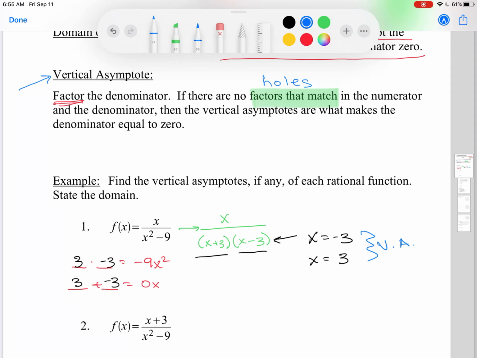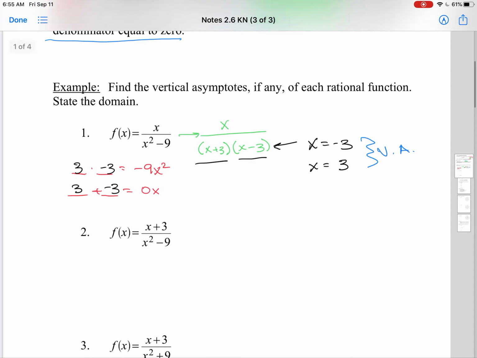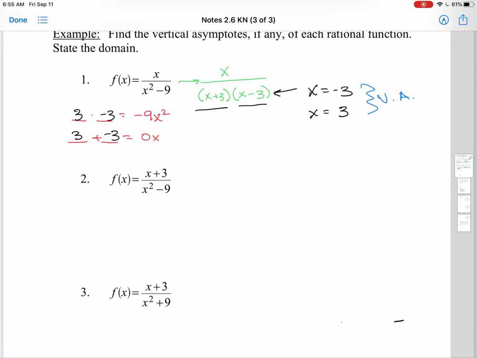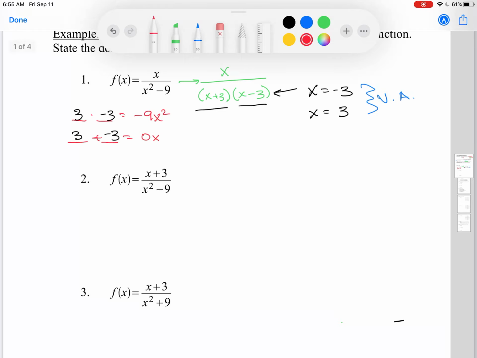So in this case, x plus 3 and x minus 3 are my vertical asymptotes that make the denominator equal to 0. All right. Making sure that on your vertical asymptotes, you're always writing x equals this, x equals that. Okay. It's a vertical line, so it needs to be x equals functions.